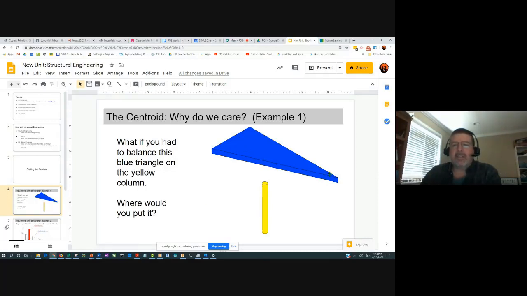Say you had a plate in the shape of a triangle like this, and you had to balance it on a column. So you can imagine some version of this could be the case if you're building a structure. Well, it turns out that you would place it on the centroid, which is located on this plate somewhere. But for a figure like this triangle, it's not obvious where that is. So we'll talk about that.